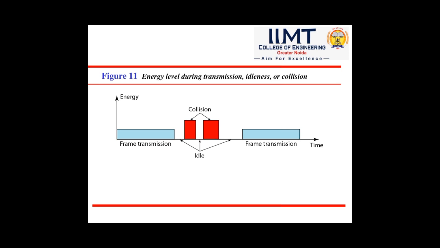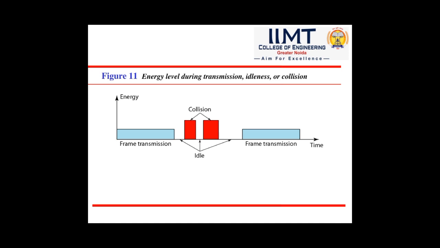When the channel gets idle, it is indicated by blank space, and the time of collision is indicated by red. You can understand the voltage of collision is higher than the voltage of the normal signal. So by this higher voltage signal, it is detected that the frame got collided.